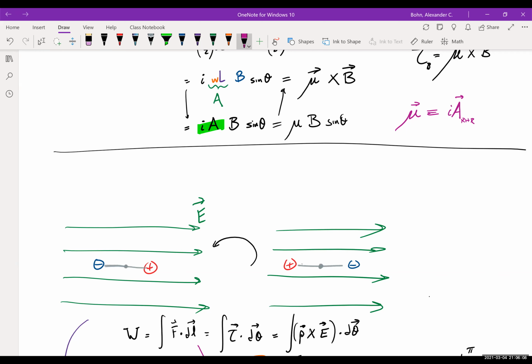The dipole moment points from negative to positive, so it's this way. But what if we go in and manually turn it? How much work do we have to do against the torque that is created by the electric field? In order to take this thing the way that it is and rotate it around like that, we have to do some work.